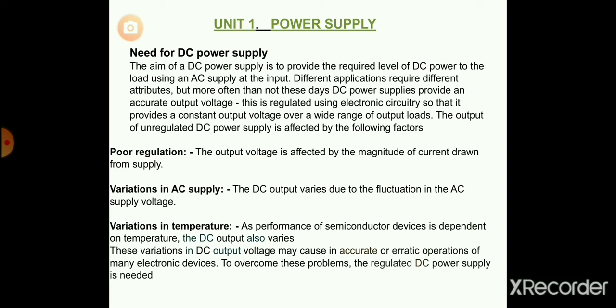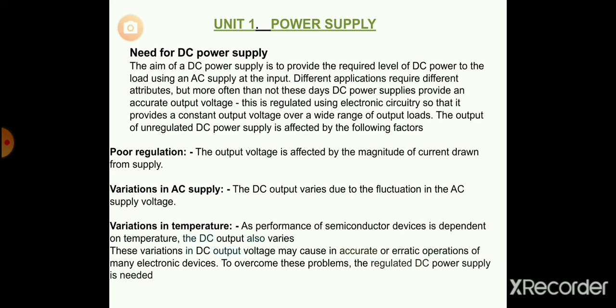Different applications require different attributes, but more often than not these days, DC power supplies provide an accurate output voltage. This is regulated using electronic circuitry so that it provides a constant output voltage over a wide range of output loads.